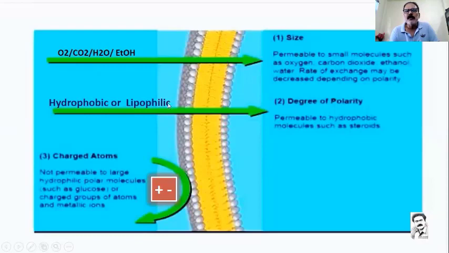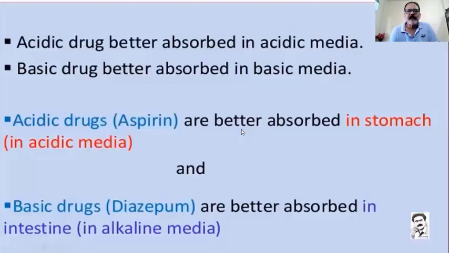So small molecules and fat dissolving molecules can easily enter the membrane. That's why the coronavirus also has a fat membrane. So it can easily break in and get inside. If the upper membrane is not available, it will not get into the body. That's why it has a body made up of fat.